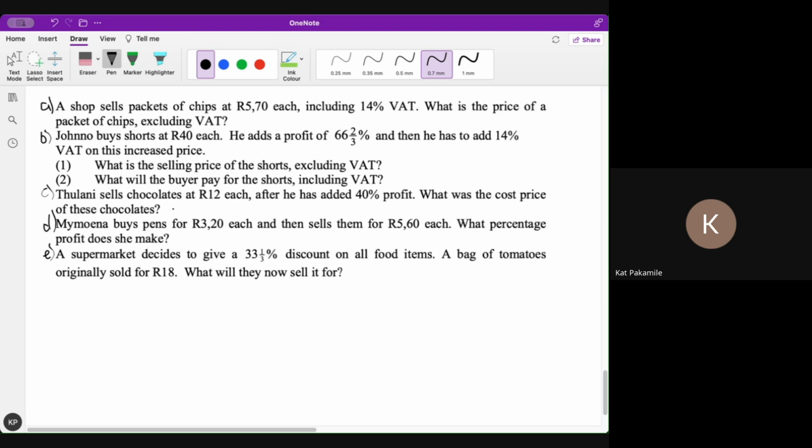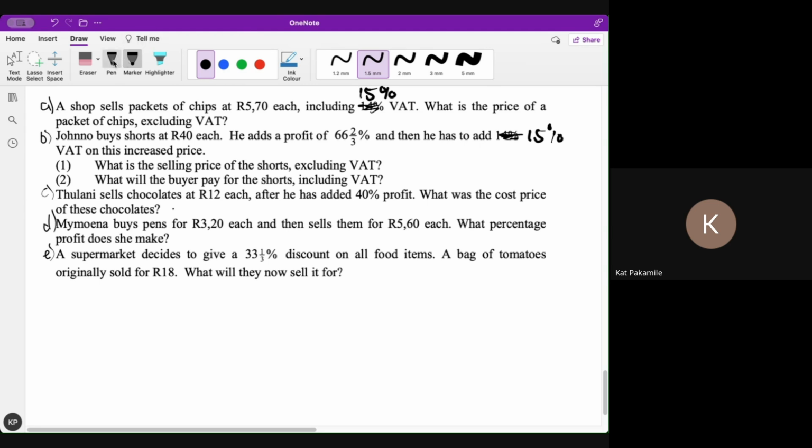A shop sells a packet of chips for 5 rand 70 each, including 15% VAT. What was the price of chips excluding VAT?